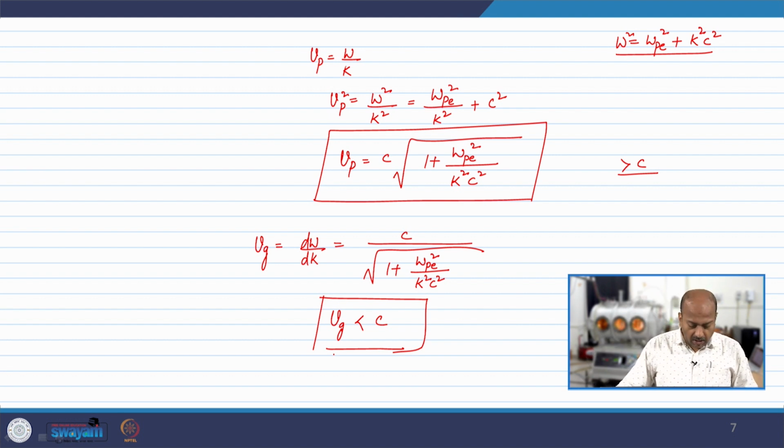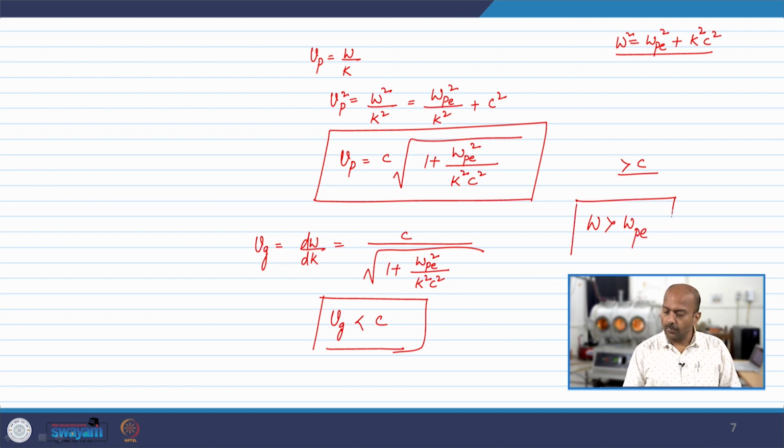That means we do not have any plasma. So, from the dispersion relation we can say that the electromagnetic wave can propagate through the plasma only when omega is greater than omega p. This is the condition for the propagation of electromagnetic wave in the plasma. The phase velocity gave us a hint that it can exceed the speed of light, and the group velocity calculated from the same dispersion relation tells you that group velocity can never be greater than c.